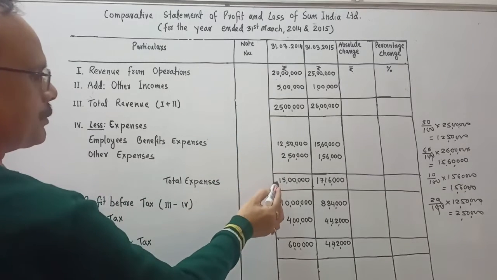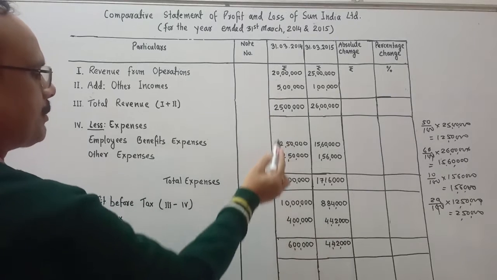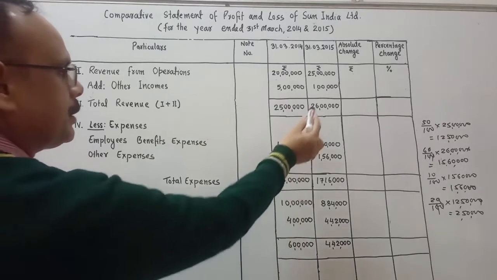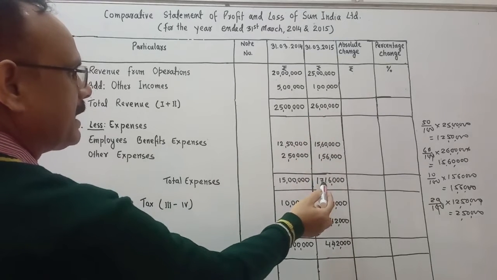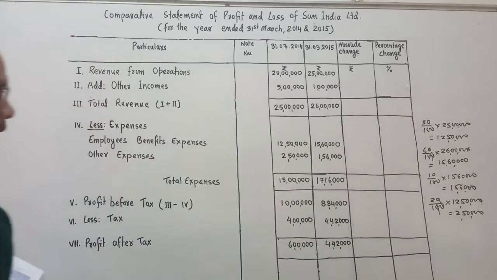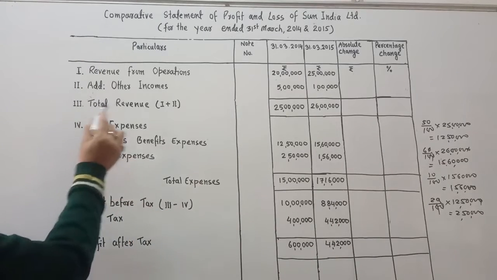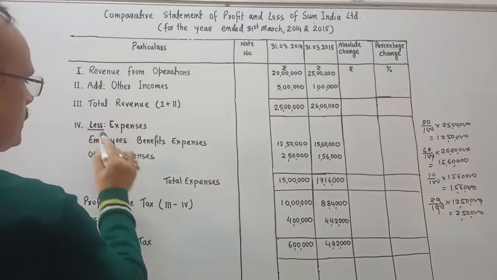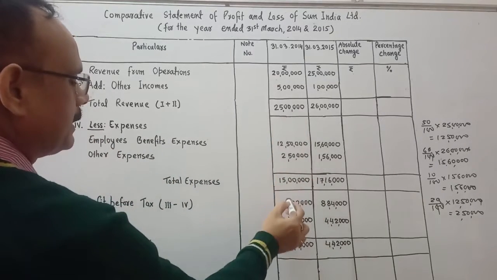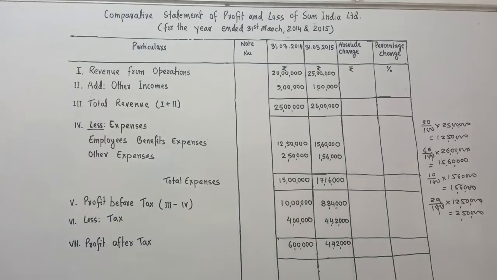So 25 lakhs minus 15 lakhs is 10 lakhs. This is the profit before tax. 26 lakhs minus 17 lakh 16,000 is 8 lakh 84,000.